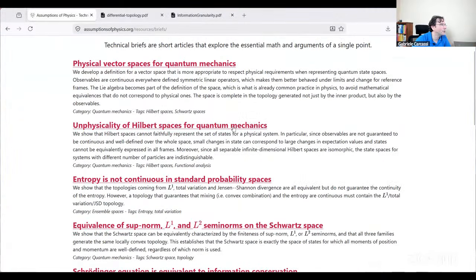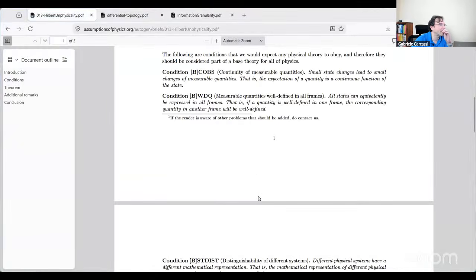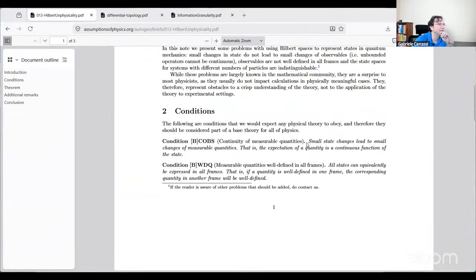And so this is the write-up of what the problems are for Schwartz spaces, that you don't have that small state changes lead to small changes in measurable quantities, and this is something that you want to have. Like if you don't have this physically, it just does not make sense.